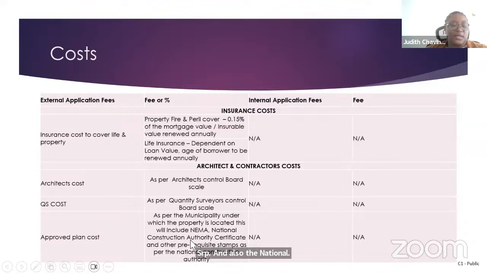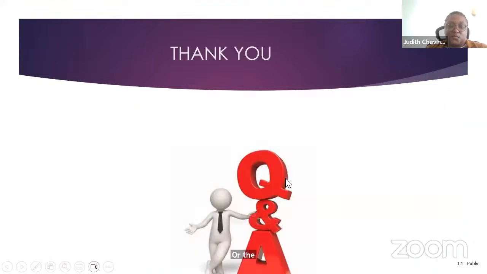So this is basically as per the scales for the different service providers, and some can't be negotiated, especially NEMA and National Construction Authority. So basically anything that touches on government fees cannot be negotiated as much, but anything that touches on the legal fee or the QS costs can be negotiated. So basically that's it in terms of costs. Over to you, Susan, for Q&A, and thank you very much.